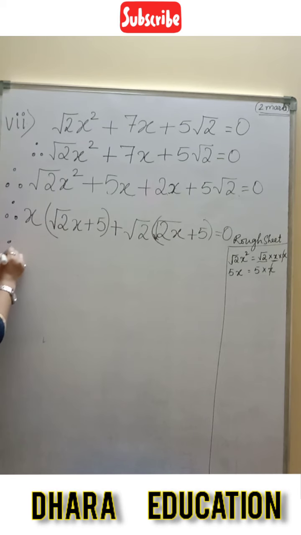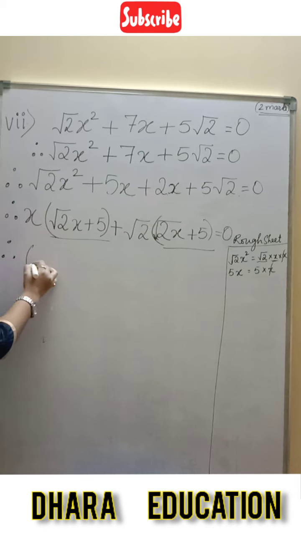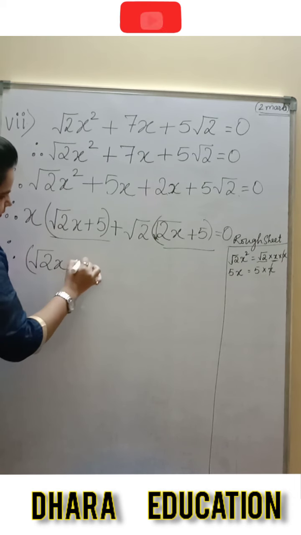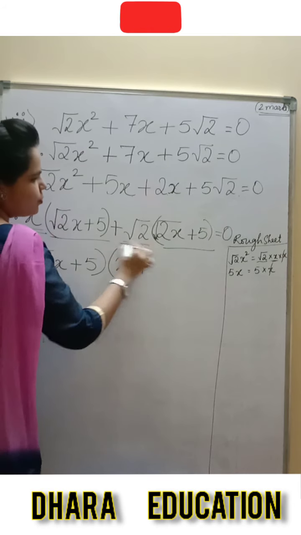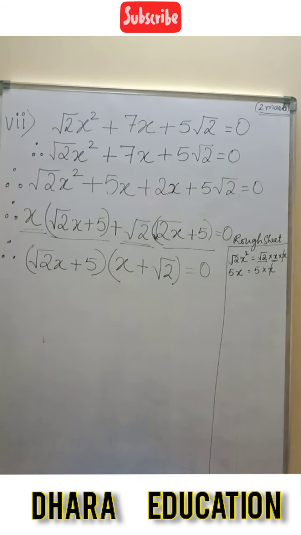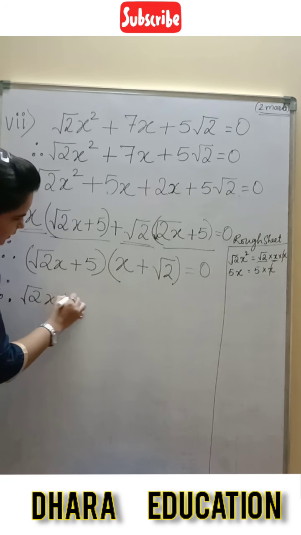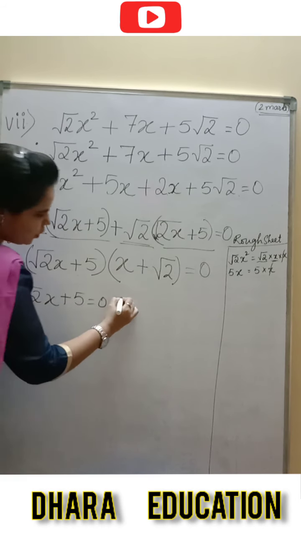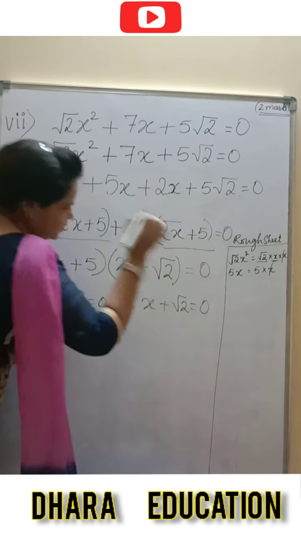So now the next step will be by taking this same term over here. Root 2x plus 5, x plus what is remaining? x and root 2 is equals to 0. Now what is the next step? It is very easy, same as the previous video. Root 2x plus 5 is equals to 0, or x plus root 2 is equals to 0.